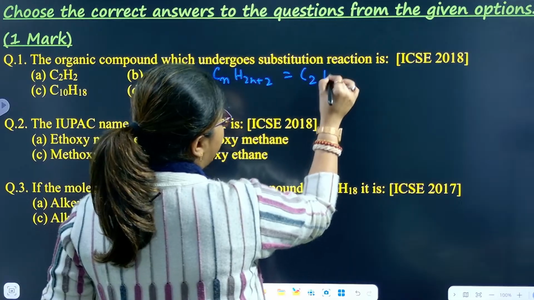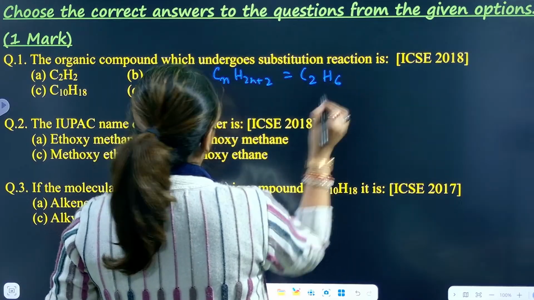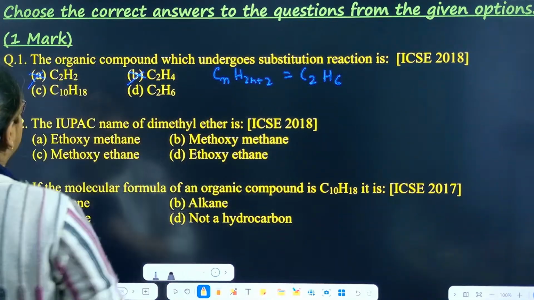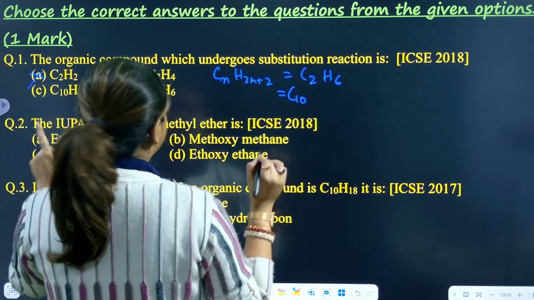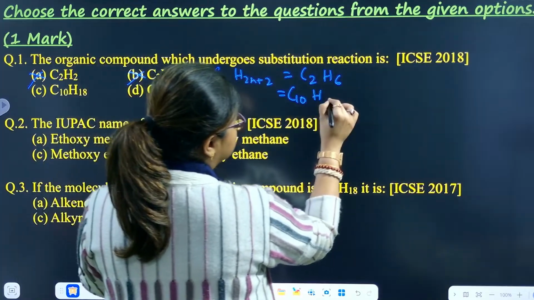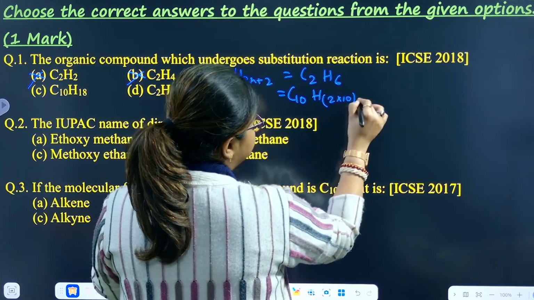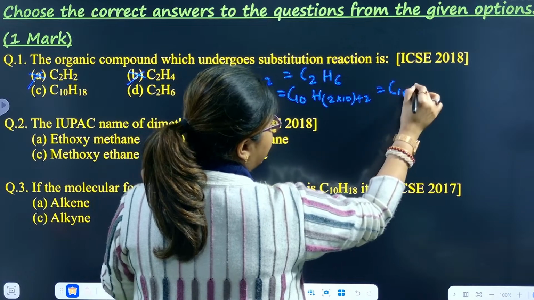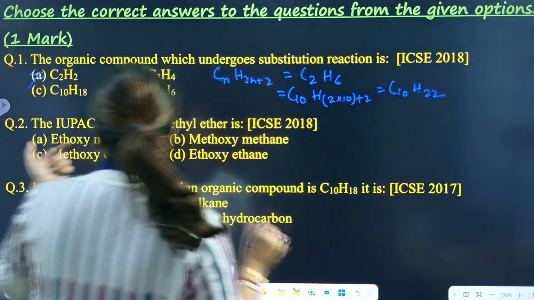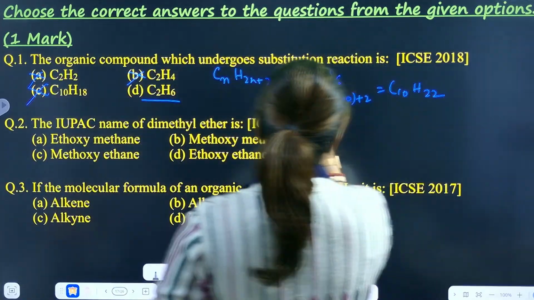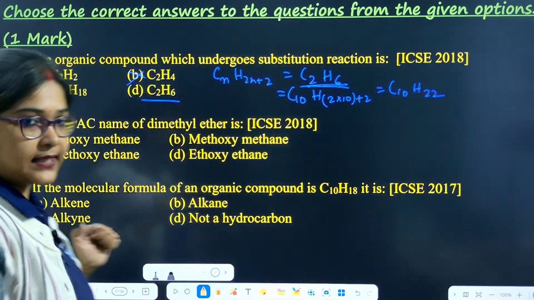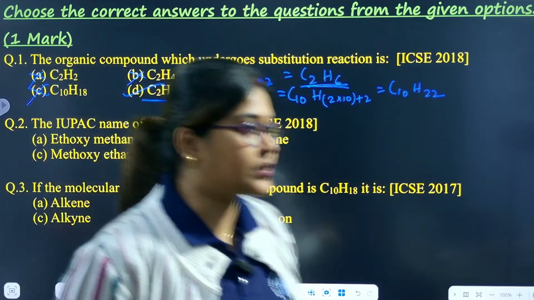So C2H2 into 2 नहीं, so ये भी नहीं है, ये भी नहीं है. C10H18 अगर होता तो क्या होता? 2 into 10 plus 2, that means C10H22 होता, तो भी ये भी नहीं है. C2H6 देखो, this is alkane. So this is the correct option.